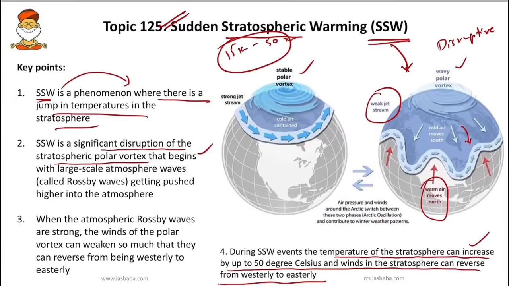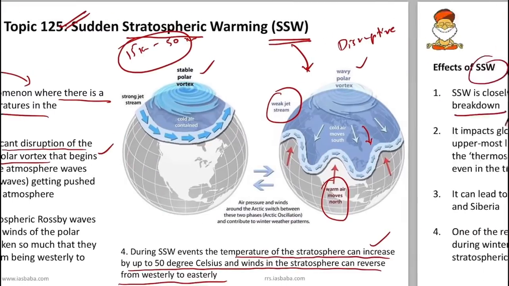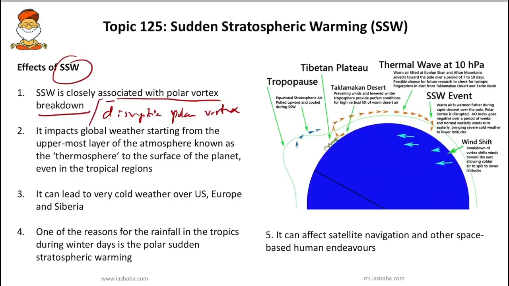We already saw what happens whenever this cold air moves towards the south. In regions of Europe, Siberia or the US, there is an increased possibility of snowstorms and Arctic kind of cold weather conditions. The second important effect of sudden stratospheric warming is how it impacts global weather, starting from the uppermost layer of the atmosphere, the thermosphere, down to the tropical regions in the troposphere.